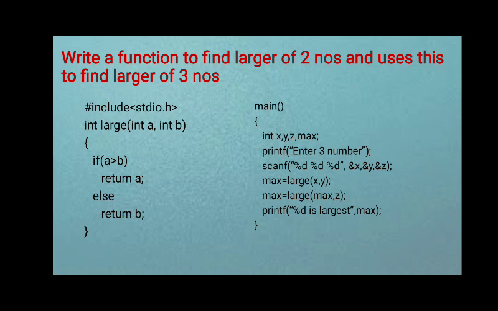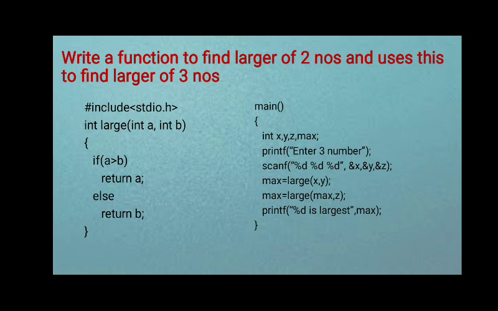So now to find the largest of three numbers. To find the largest of three numbers, you will find the largest of two numbers and then compare it with the third number to find the largest between those two. So here the same logic is used. First I am reading three numbers x, y and z. First I am finding the largest of x and y. Whatever is the largest of x and y will be returned from this function large, and that will be stored in the variable max.